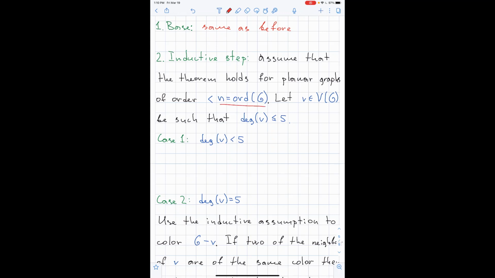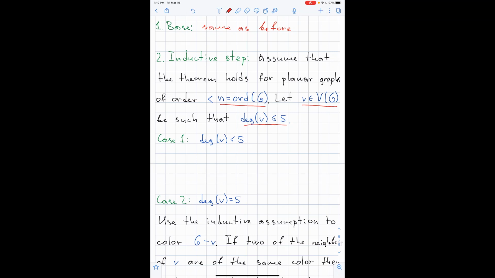Now our goal is to color it. This is an arbitrary planar graph of order n, and we need to color it. Now once again, we know that there exists a vertex of degree less or equal than 5. So we'll take this vertex.